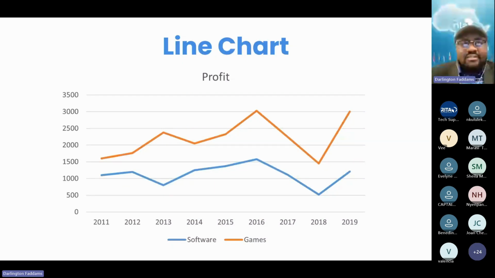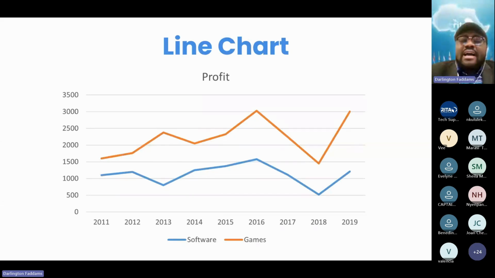of profits by year. Just by looking at this, you can tell that games made about 3,000 profits in 2016. You can tell which year games didn't make a lot of profit. Who can tell me the year that games really, really dropped? Okay. 2018, thank you, Anozi. Apart from this, you can also tell how software is also doing.